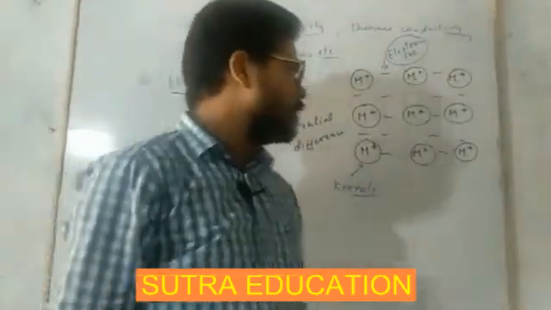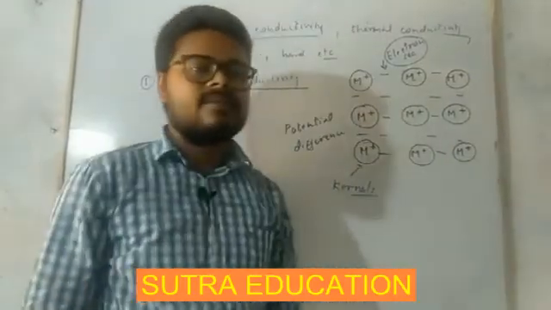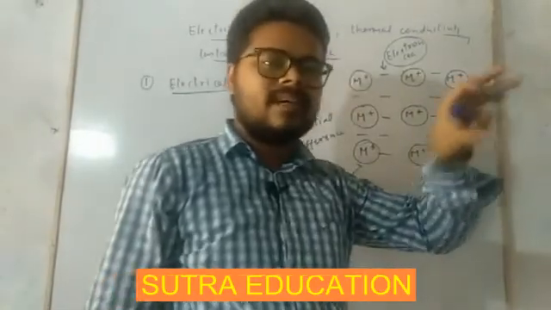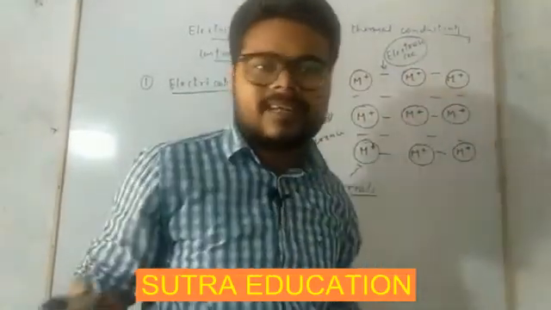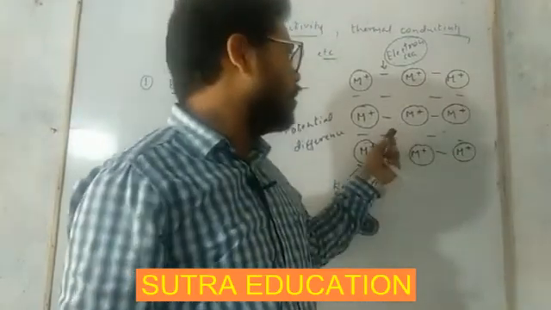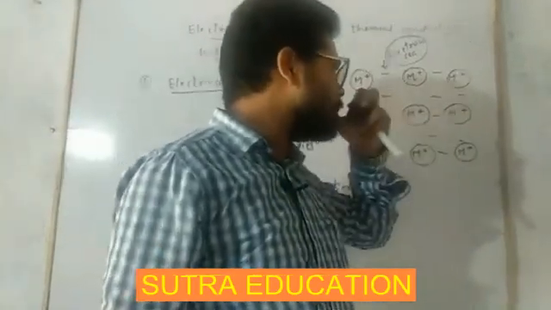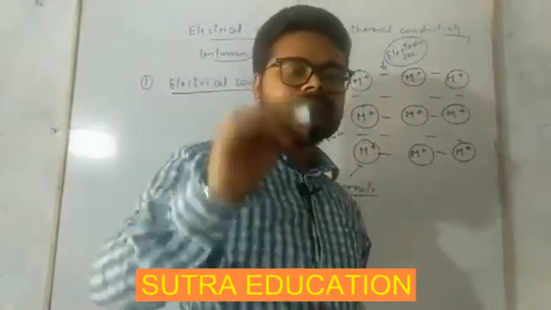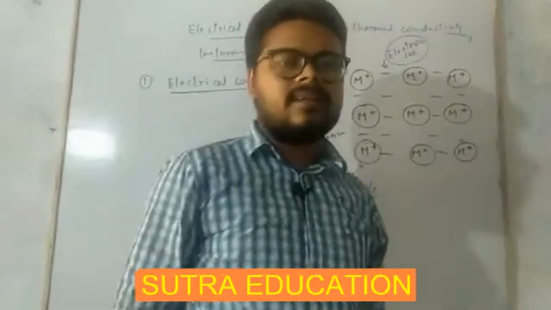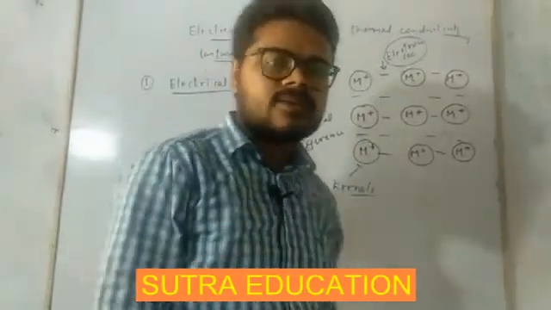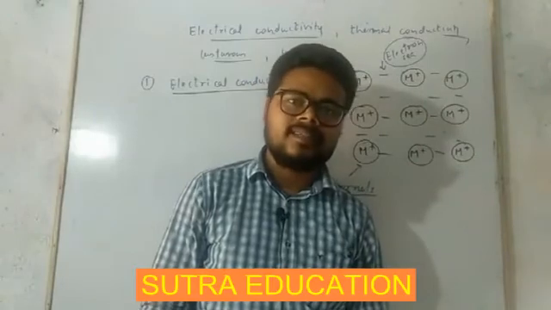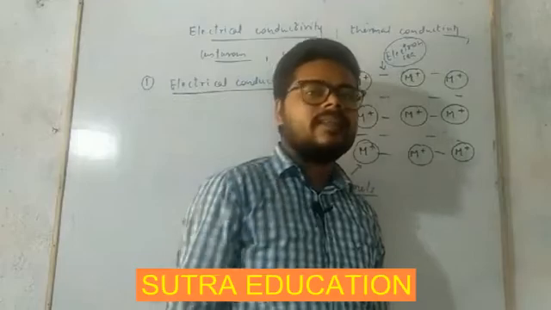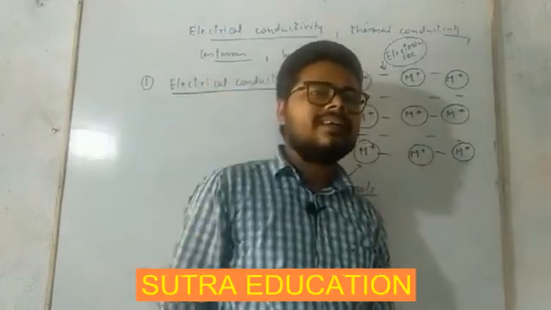So what will happen, if potential difference is applied, then these electrons which are moving randomly will set into constant motion, and the flow of electrons will be in a particular direction. Then if there is a flow of electrons, we say it will be conducting.